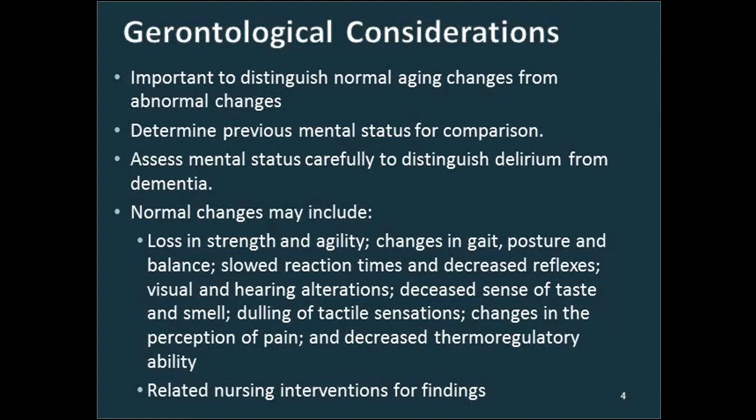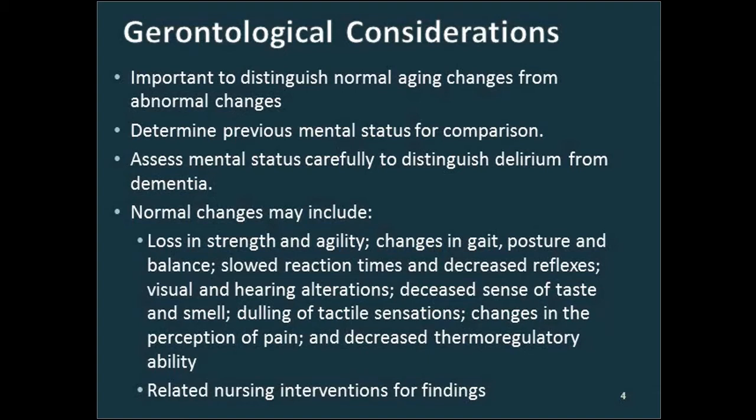Some of our nursing interventions here are going to be aimed at helping them learn to adapt to vision and hearing changes. When you do teaching of an older individual, you have to take all of this into account and adapt your teaching so that if they can't see very well or can't hear you very well, you alter your teaching appropriately.